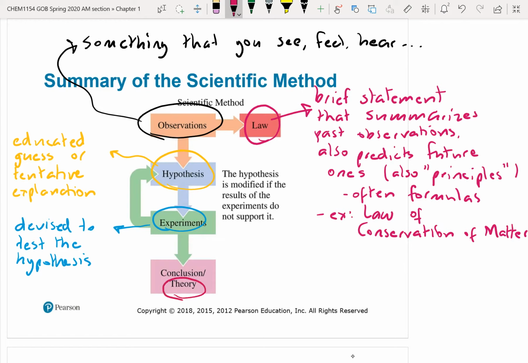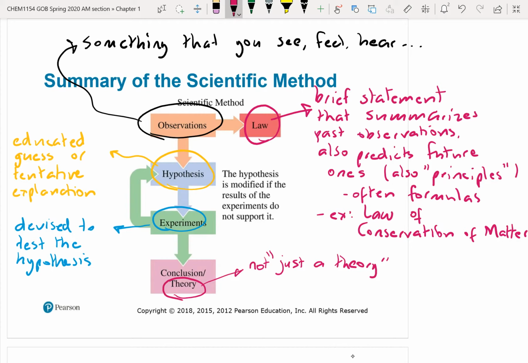Also, the other term that we see in science is the term theory. And a scientific theory is not just a theory. A theory in science is very different than when somebody says, oh, I have a theory why this happens, when you're talking in everyday language. A theory in science is based on the scientific process, which is based on observations, hypothesizing, and then testing those hypotheses using experiments.